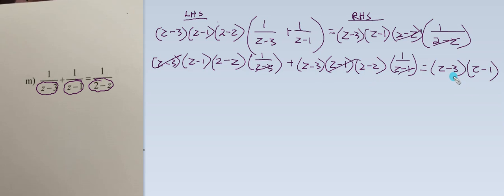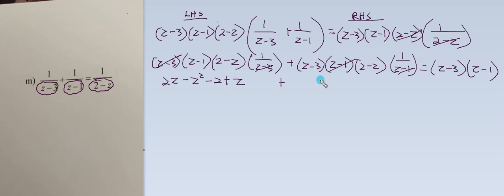And then this one, okay, so we're going to expand this. Remember it's 2 minus z. So it's 2z minus z squared minus 2 plus z. That means this times this term first, so you get 2z minus z squared, and then take minus 1 times this: minus 1 times 2 is minus 2, minus 1 times minus z is plus z.